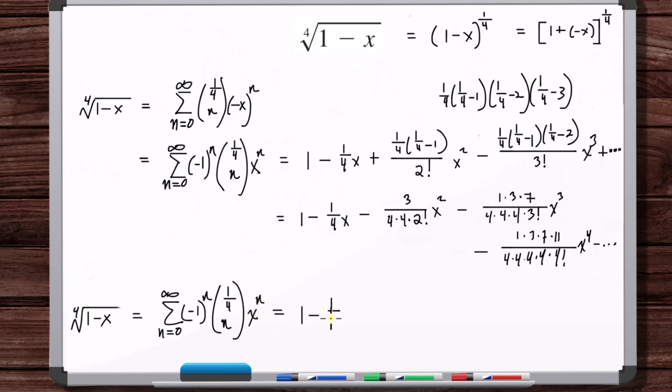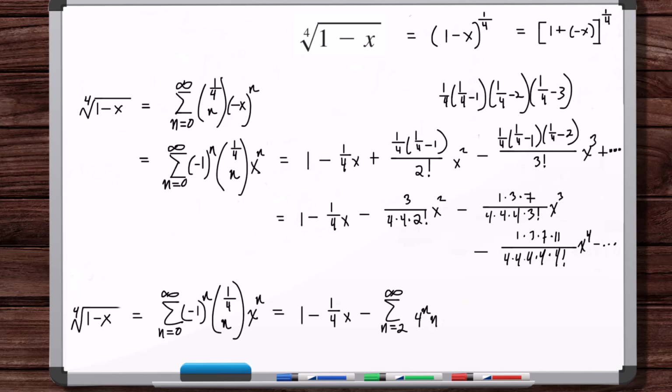One minus 1/4 x, and then minus the sum from n is equal to 2 to infinity. Okay, and we've got 4 to the n times n factorial.